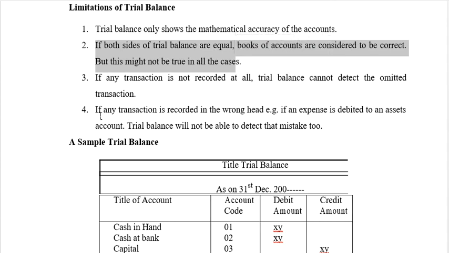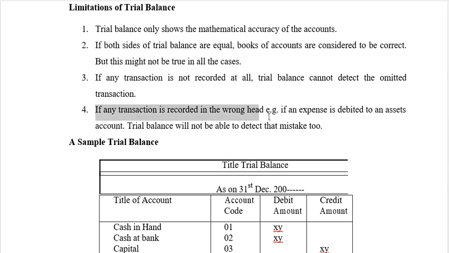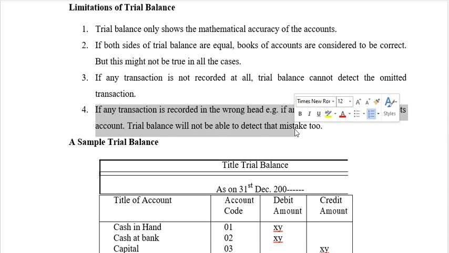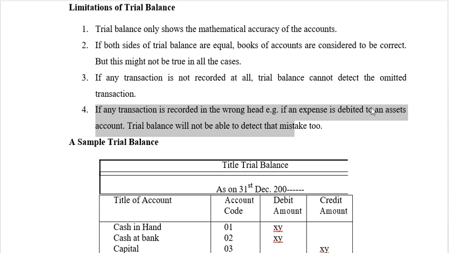Why? For example, if a transaction is recorded under the wrong head, say an expense is debited to an asset account. Expense is a debit, and asset is also a debit.